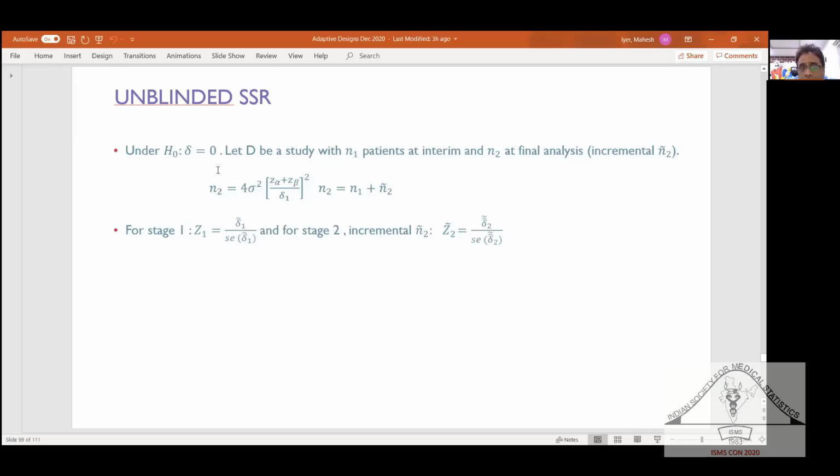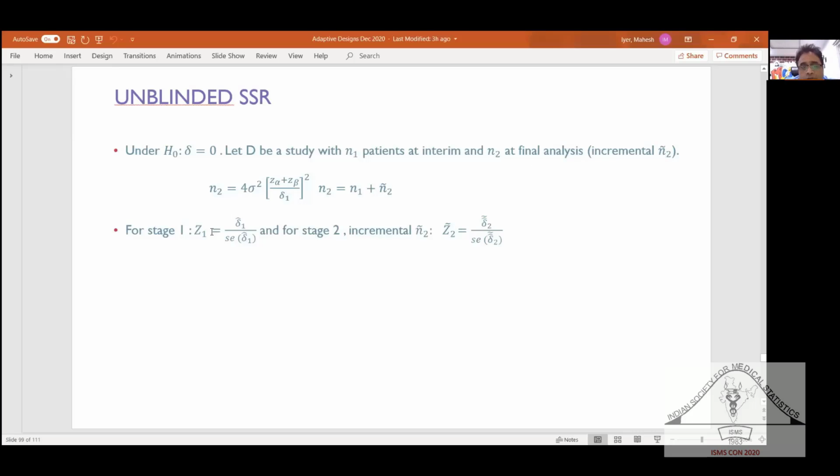And you have a formula for N2, which is 4 sigma square (Z alpha plus Z beta) over delta 1 squared, and N2 is typically N1 plus N2 tilde, which is the incremental.